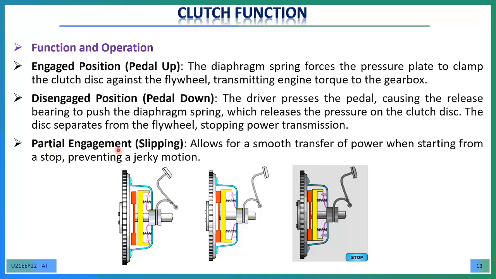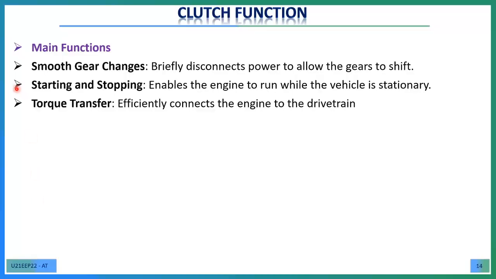The third one is partial engagement, called slipping, which allows a smooth transfer of power when starting from a stop, preventing a jerky motion. We have to ensure that partial engagement is used from the stop position, as smooth acceleration is required when starting.